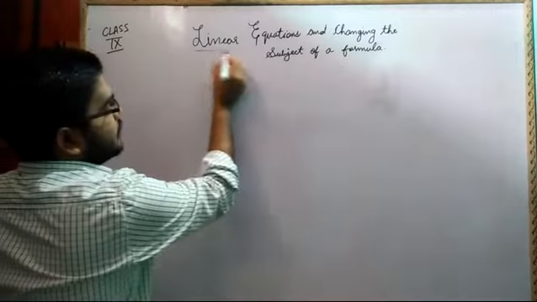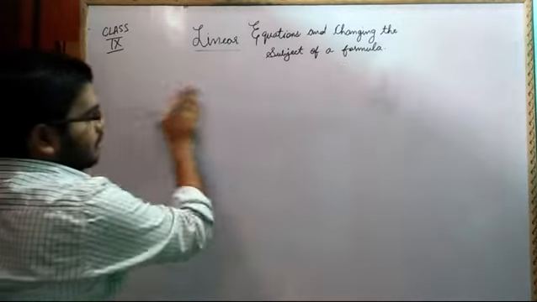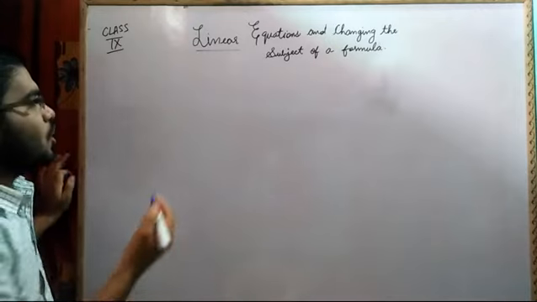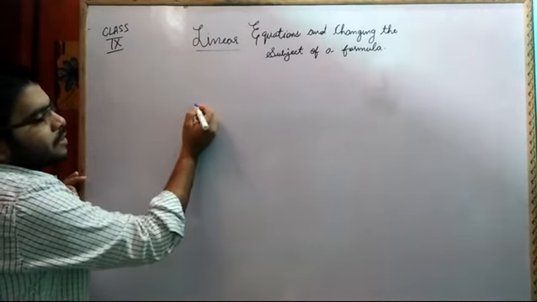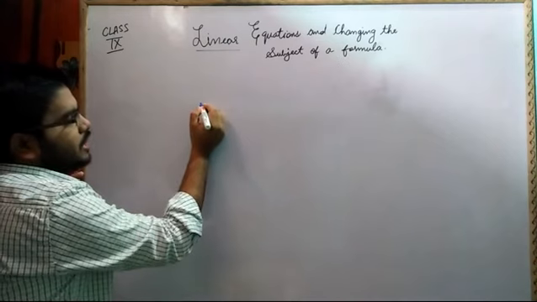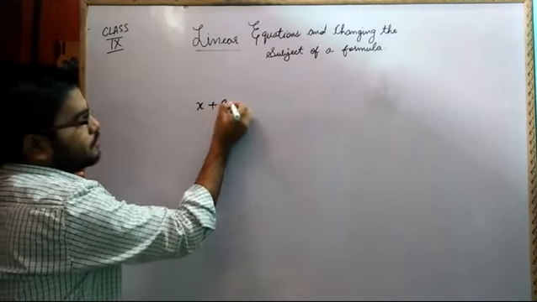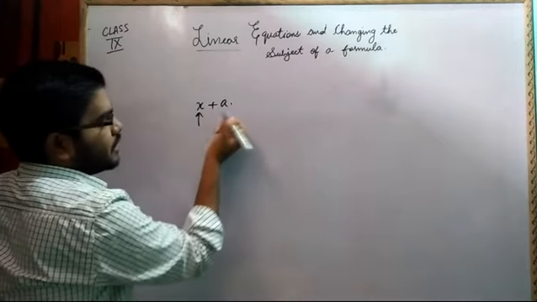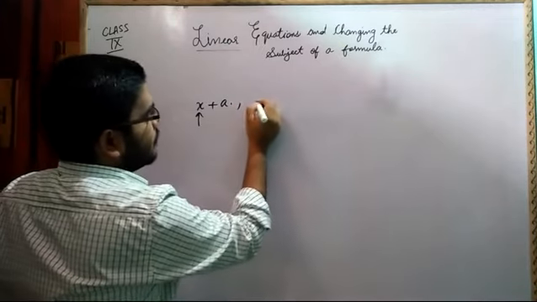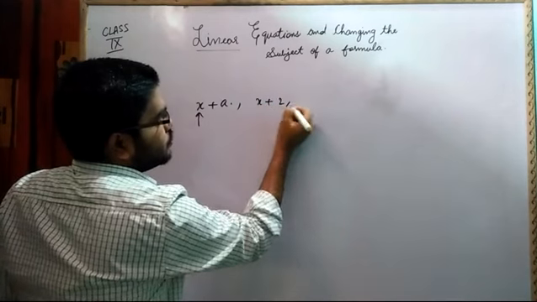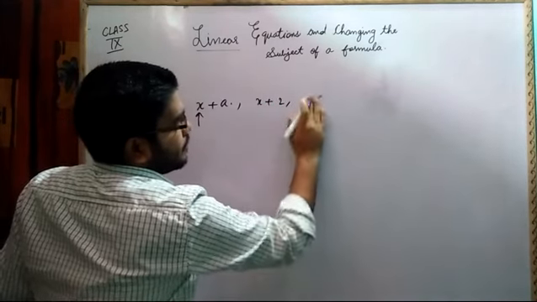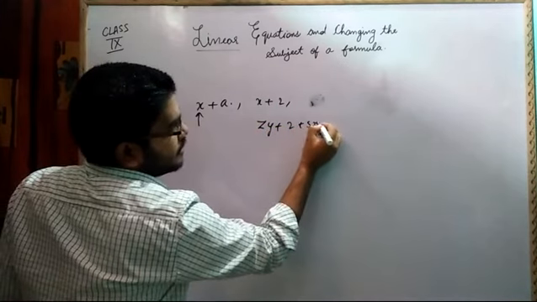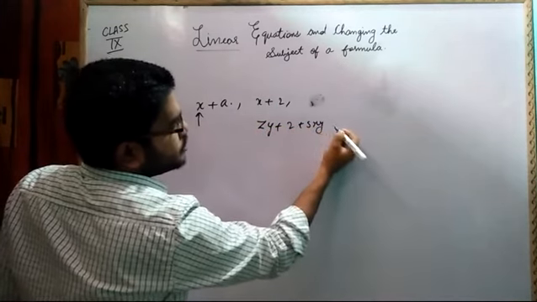The word linear means, like in your lower class, you must have studied polynomials. And what is a polynomial? It is actually an algebraic expression with terms such as x plus a or x plus 2, z y plus 2, 5 y z, x y.